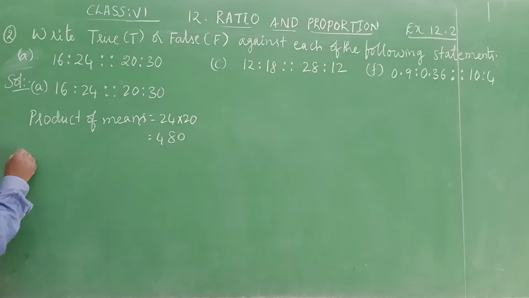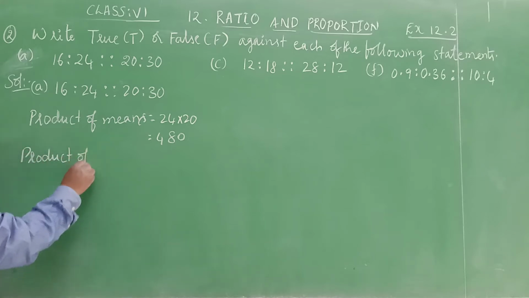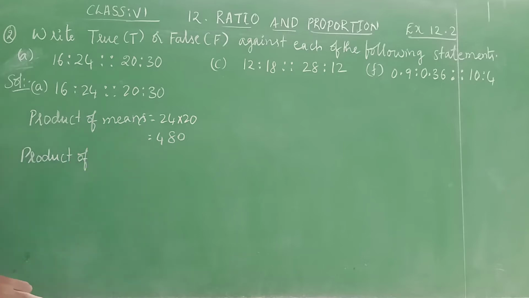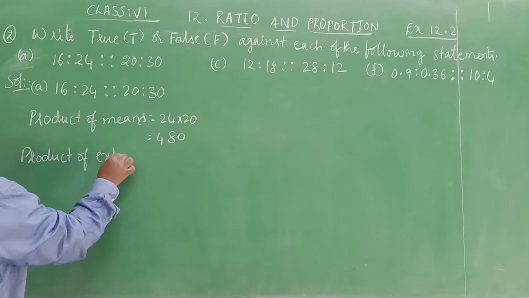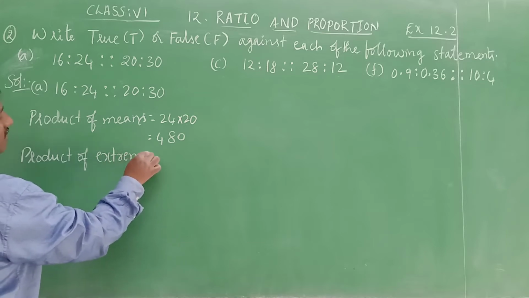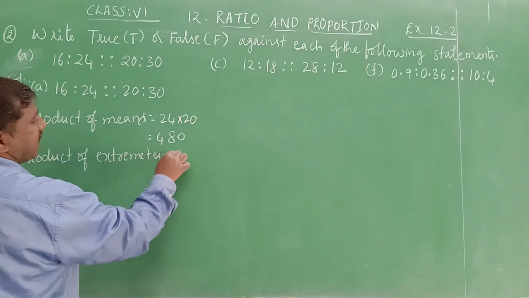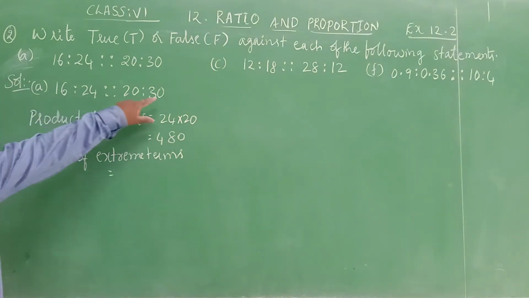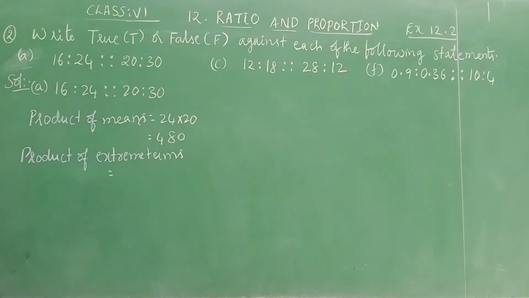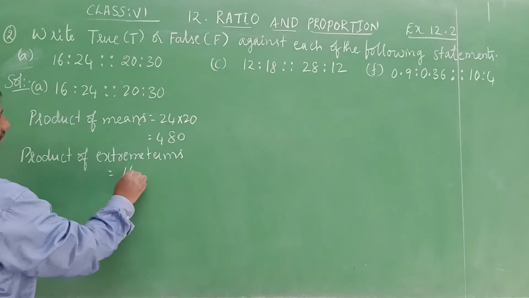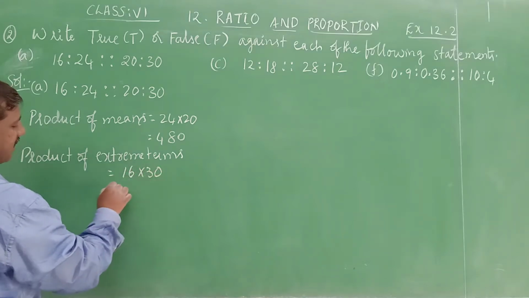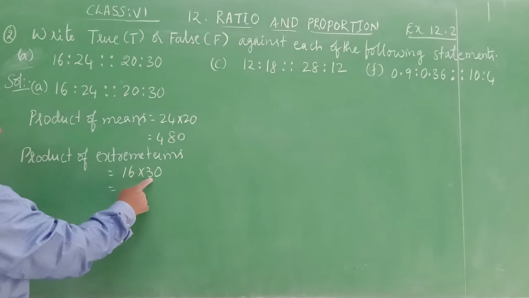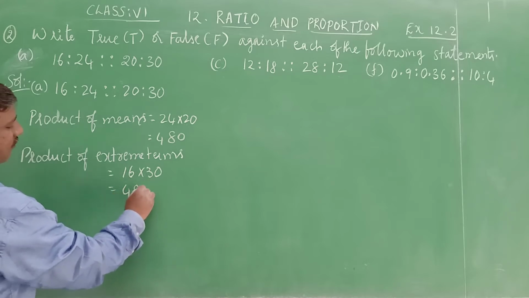Similarly, find the product of extremes. Extreme terms means the first term and the fourth term, that is 16 into 30, which is equal to 16 3s are 48 and keep 0, 480.